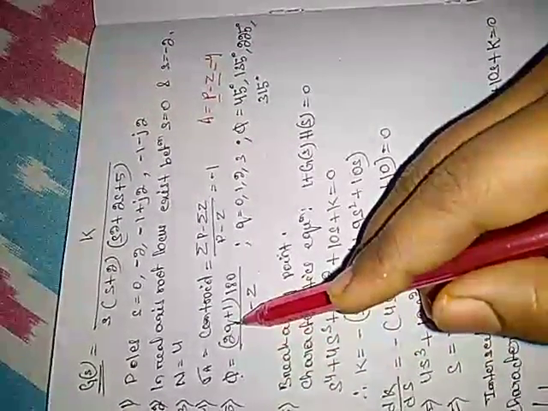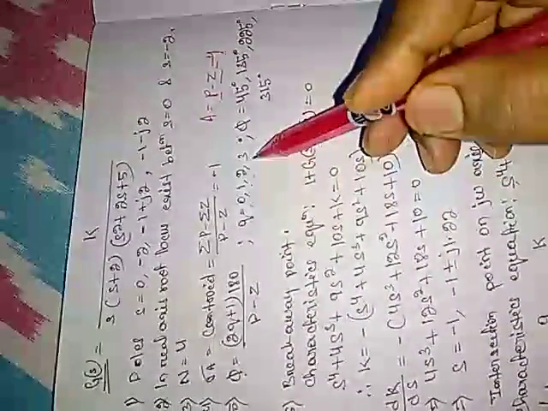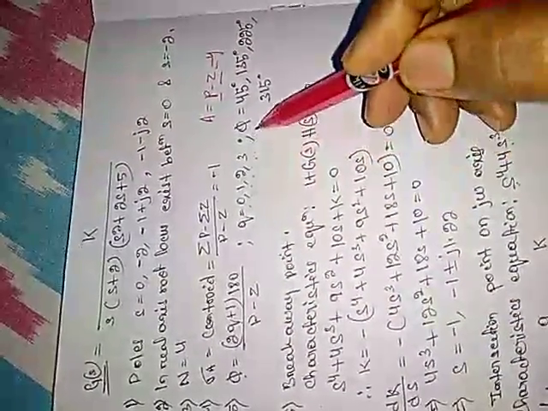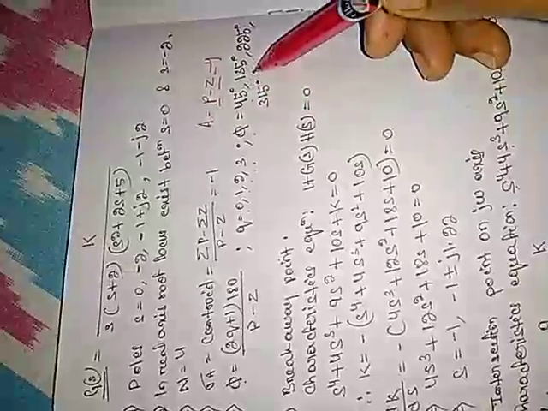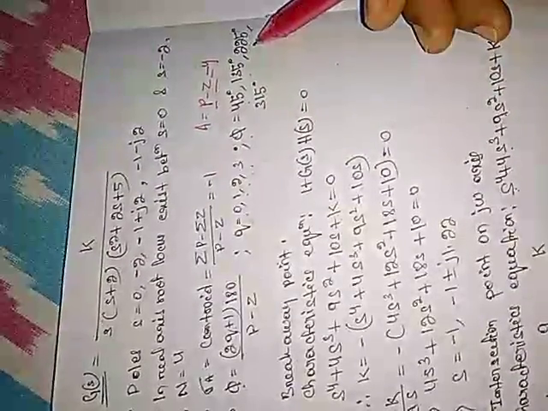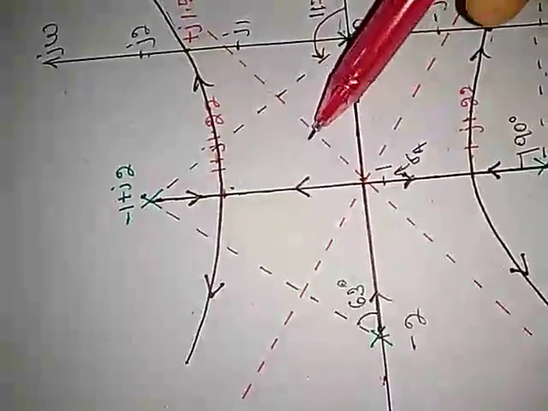You calculate them by taking the value of q equal to 0, 1, 2 and 3. After putting these q values, you get phi as 45 degrees, 135 degrees, 225 degrees and 315 degrees. So you draw these asymptotic lines.